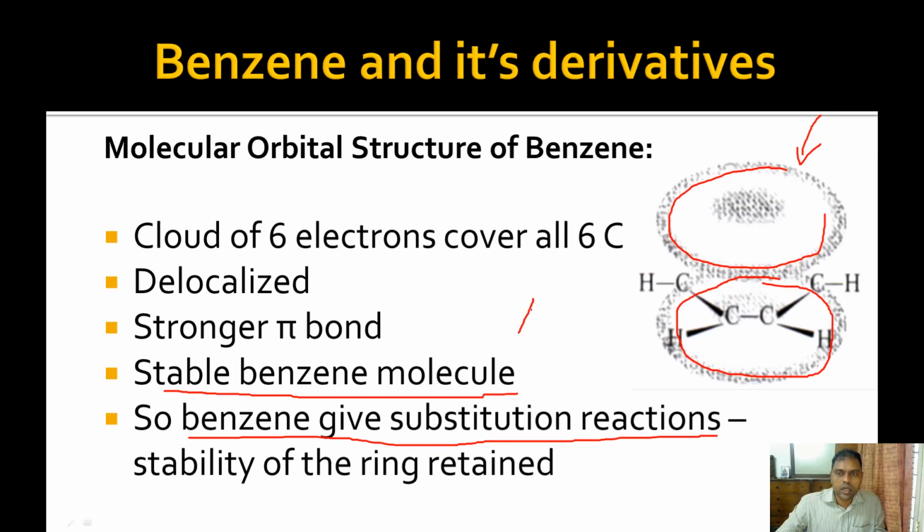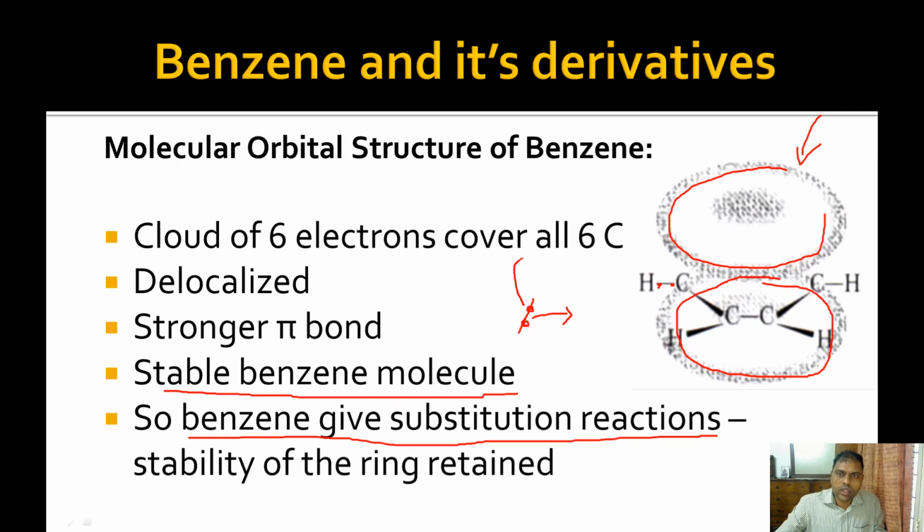Suppose there is a bond of benzene, suppose it's like this, and because of this cloud, it won't let these electrons be taken in the reaction easily.